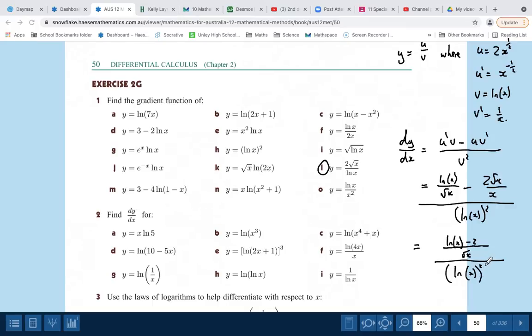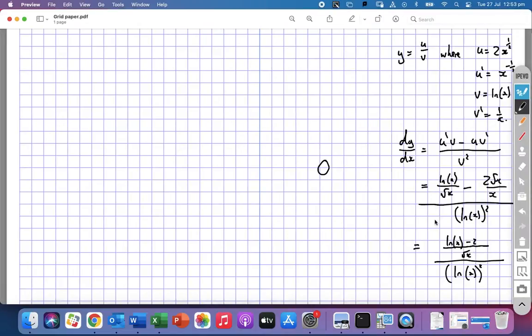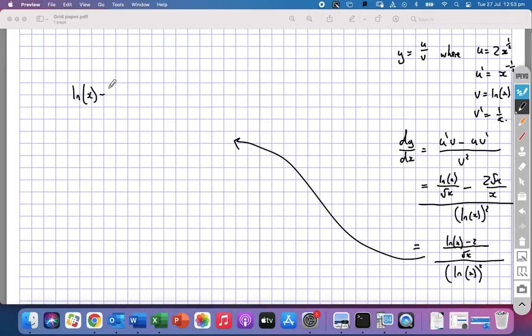I still want to keep tidying this up. I think I need more space. So if I took this, let's go over here. We've got log x minus 2 on square root x, all divided by log x all squared.